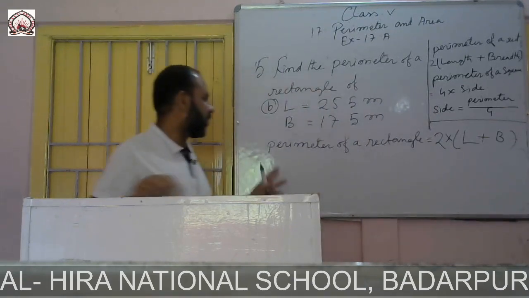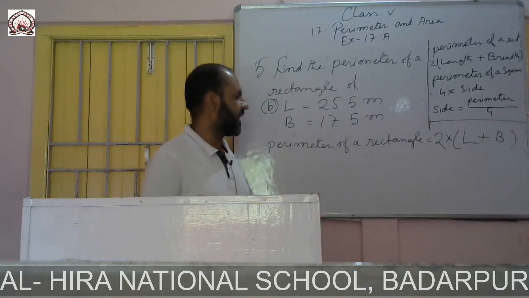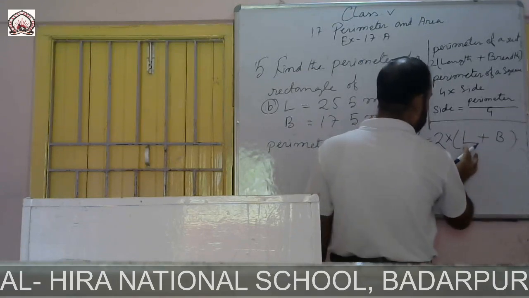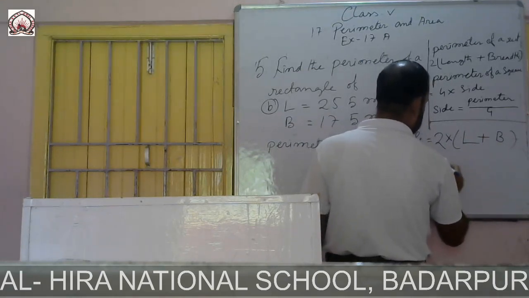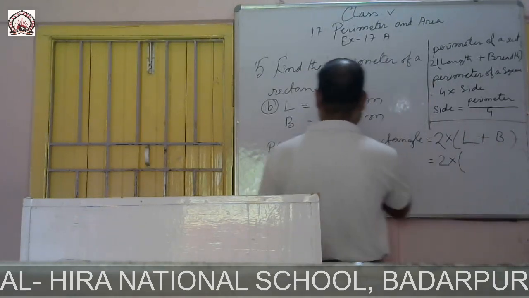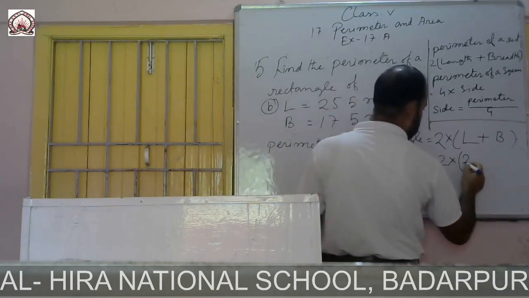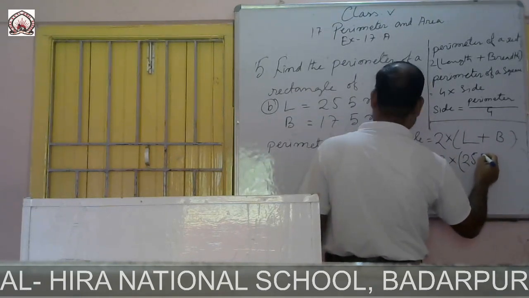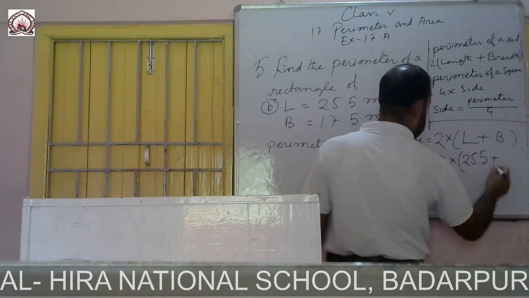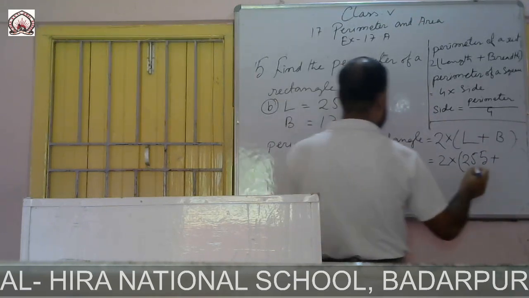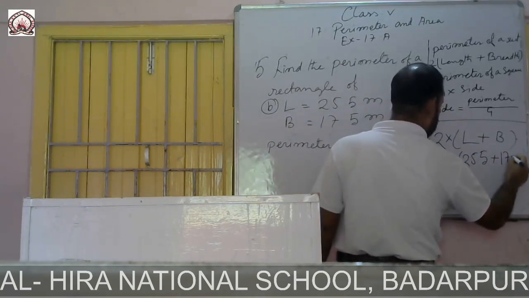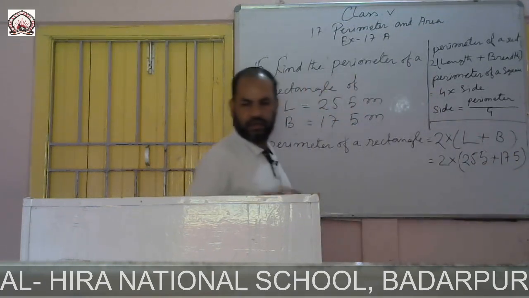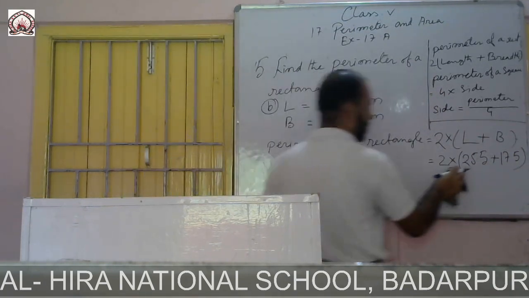Now we know the perimeter of a rectangle equal to 2 into length plus breadth. So here 2 into length equal to 25.5 plus breadth equal to 17.5.